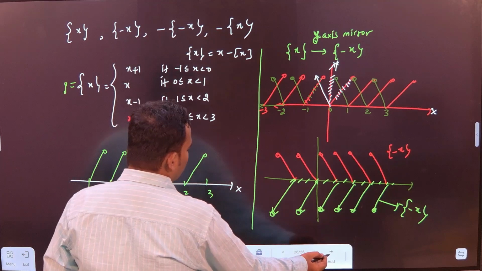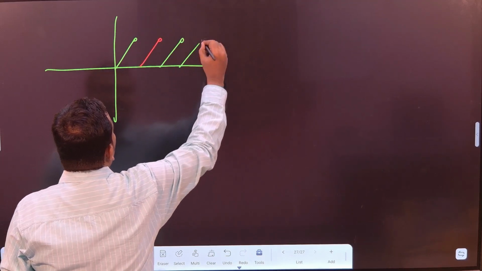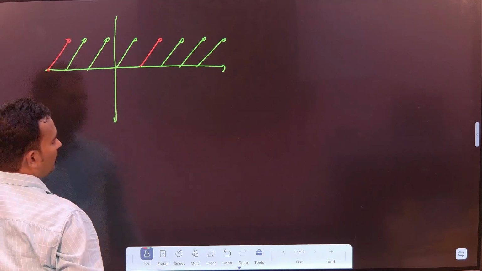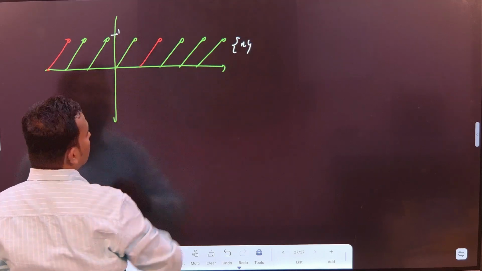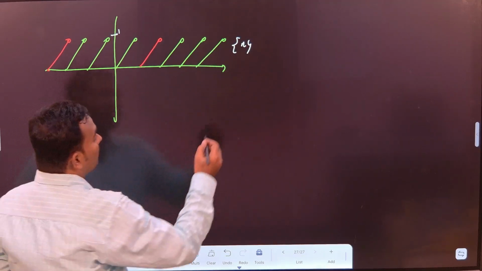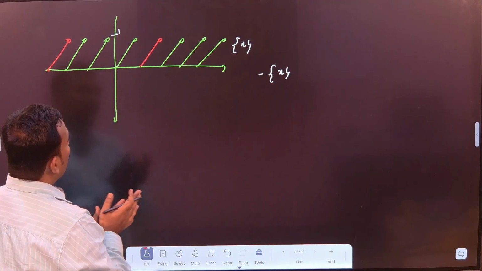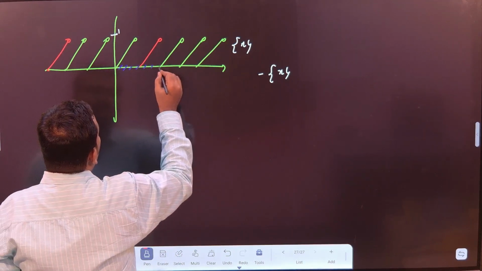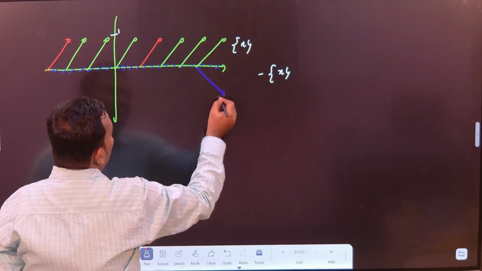Then how to draw the graph of minus fractional part of x? You can see the graph on the next page I will take. So you already know that the fractional part function is like this, right? Okay. So this is your fractional part of x, this is 1, right? So minus fractional part of x is required. Minus fractional part of x means you take the x axis as the mirror, right? You can consider this is a mirror. Whatever the above portion is, it will go downwards.